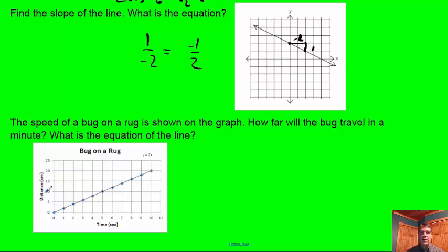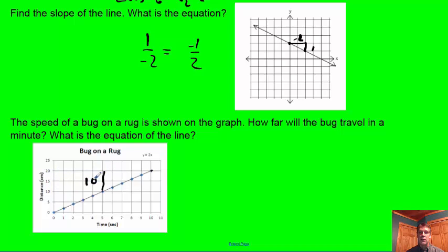So he traveled, what is it? 10 centimeters in 5 minutes, and I keep trying to find my other intersection. It's right there. So you've got to be careful now, because you can't count 1, 2. Okay, be careful on the test when you do this. This is not 1, it's 5 and 10.